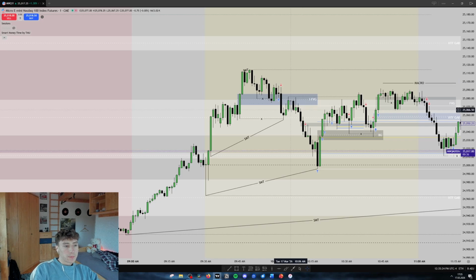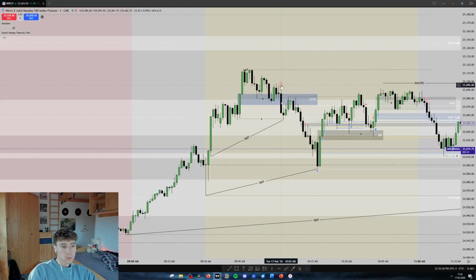It could have been that we traded lower, swept the sell side liquidity right here, and from there on traded higher. That's why we have to be a bit more patient. We have to wait for 10 a.m. so that we see our power of 3 on the hourly chart as well. In that case, yeah, kind of avoidable.